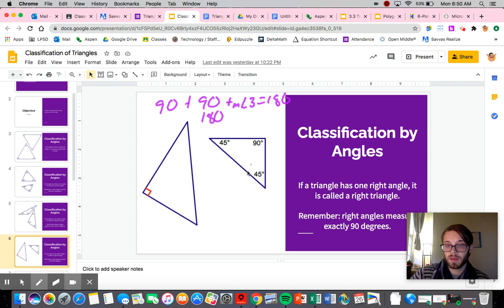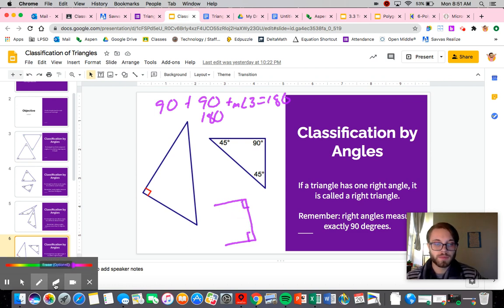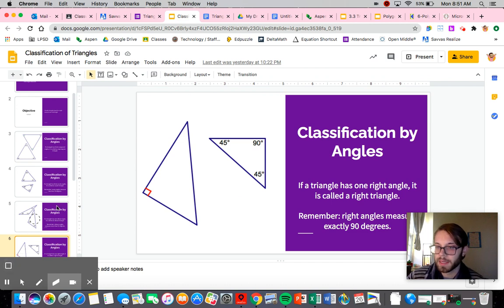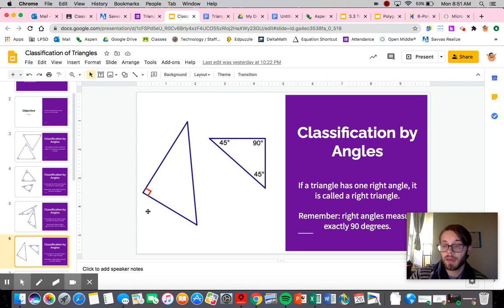The other thing you could think of is if we had two right angles, it would look like that. That's not a triangle. That's just kind of an open figure, or half a, I guess, quadrilateral. Anyway, that being said, if we have a right angle, it is a right triangle.